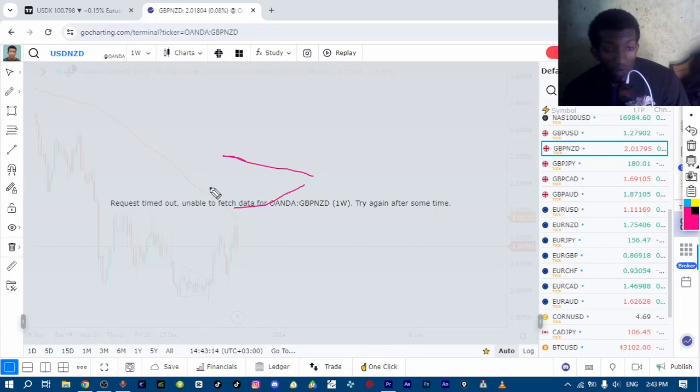This pound kiwi did what? It came down here and it went up. Then it came down again, then it went up, right? That's what it did. So this is a fake out, right? In order to prevent this fake out, all you have to do is go to the higher time frames.